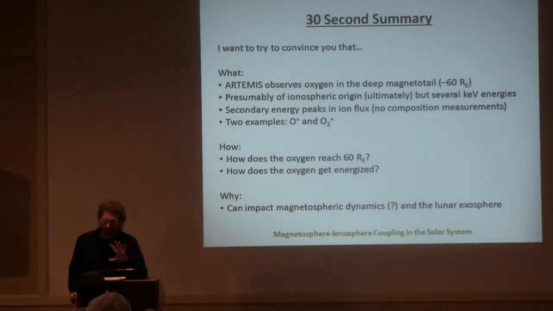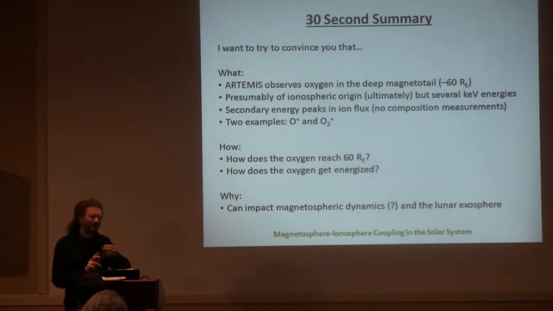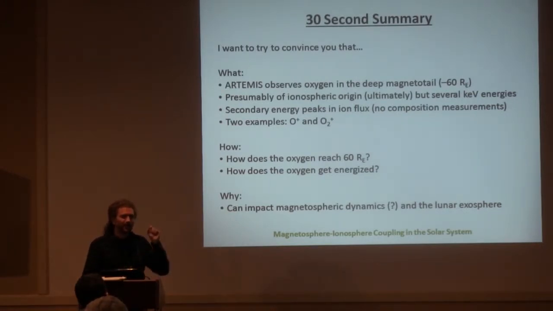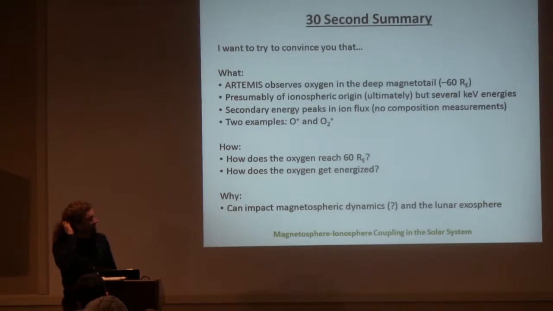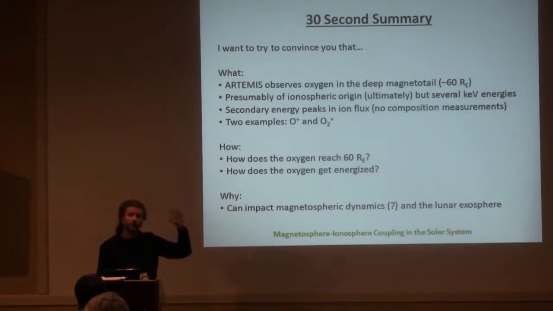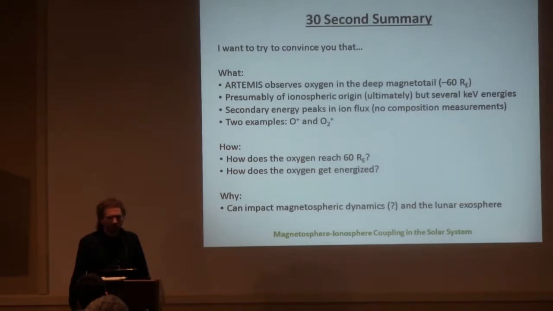Interesting thing about Artemis, there are no mass composition measurements. And so we're inferring that these are oxygen based on secondary peaks in the ion flux. So I'll show some spectrograms in a bit. And I have 2 examples where we see O+, and it looks to be O2+, which is kind of cool.